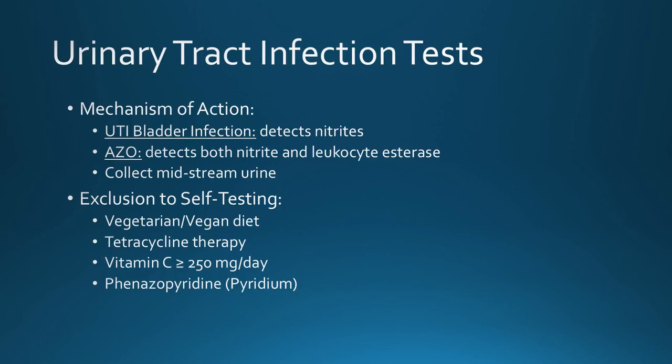Vitamin C greater than 250 milligrams a day is another, as is phenazopyridine or Pyridium, which is a urinary analgesic. That is an exclusion because it will change the patient's urine color to a red-orange color, which interferes with the pink test result that indicates a UTI. It's automatically going to become stained, and whether or not the patient truly has a UTI, it will come back as a positive test result.